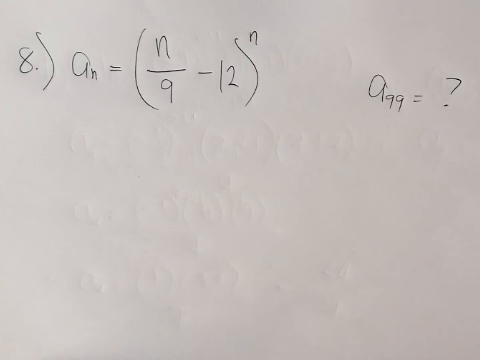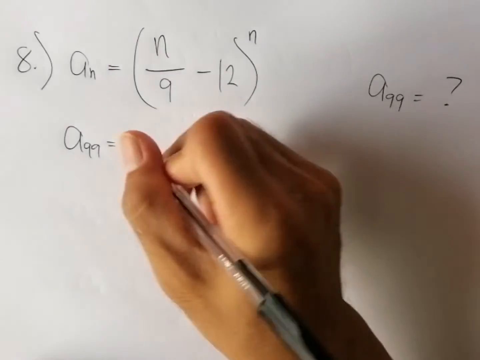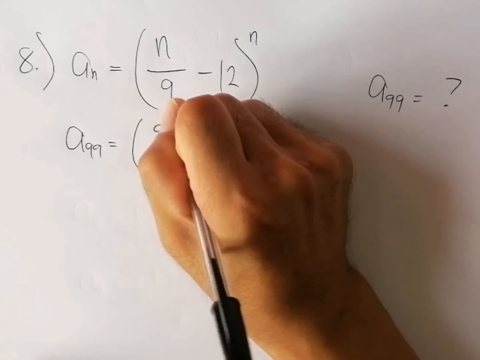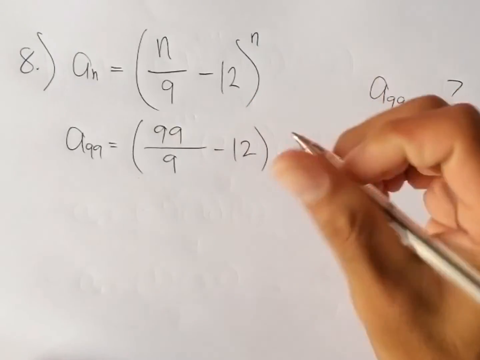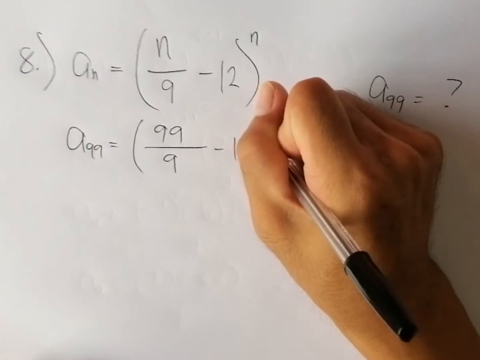Number 8, a sub n is equal to the quantity of n over 9 minus 12 raised to the power of n. And what is a sub 99? A sub 99 is equal to the quantity of n, which is 99, divided by 9 minus 12, raised to the power of 99.